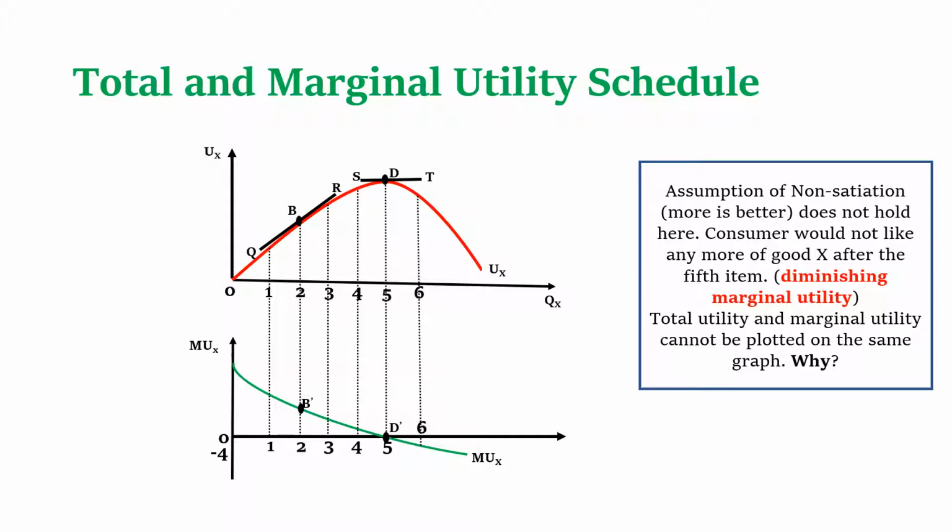This is where the assumption collapses. It does not hold here. So you need to know this one. You remember all those 4 assumptions that we stated on the previous slides.